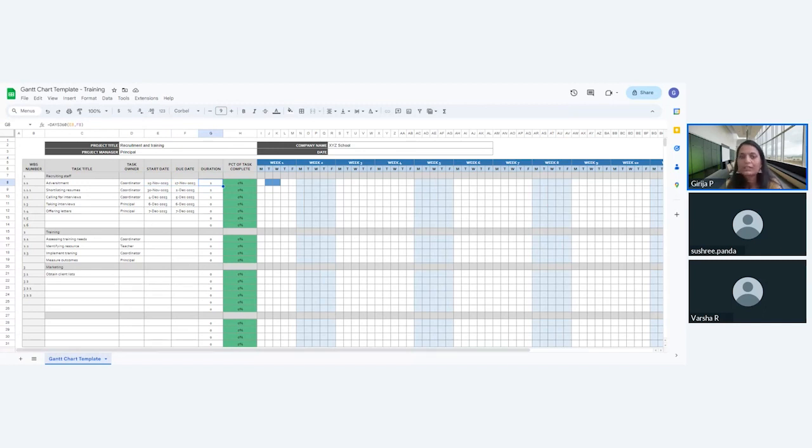And then again, you can see here the weekly tracker. Here you can put whatever task you assign for that particular day. So 15 November was a Wednesday. From there, I am starting my project, and I'm starting with my planning.